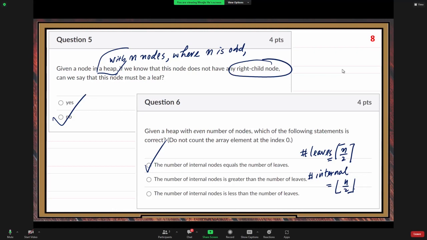When n is even, they are the same. With the ceiling function and the floor function, we get the same thing. But for odd n, it's different. For even n, the same. Okay? Just some simple properties of heaps.